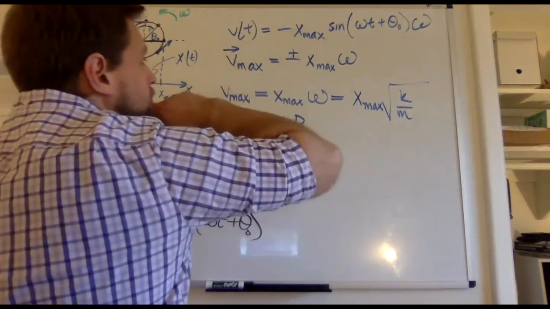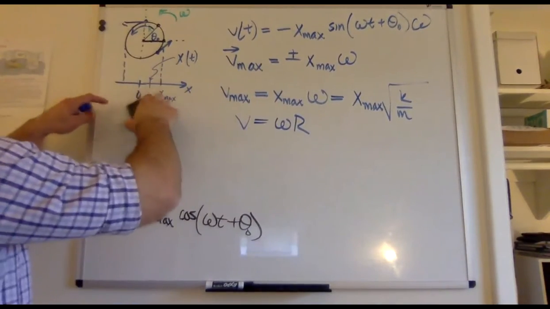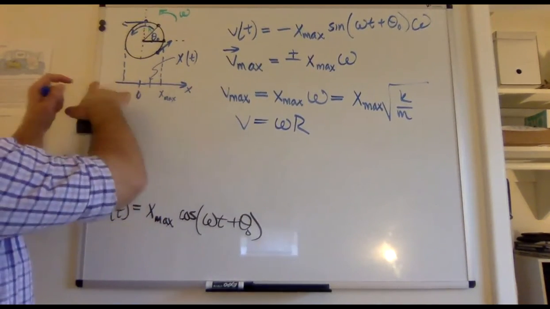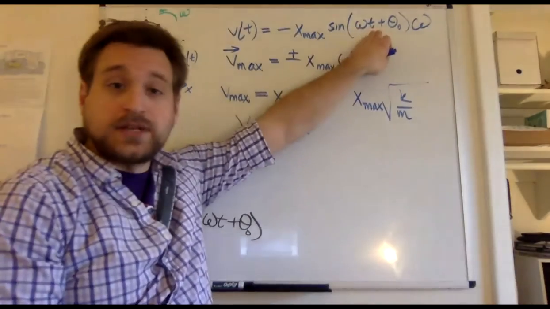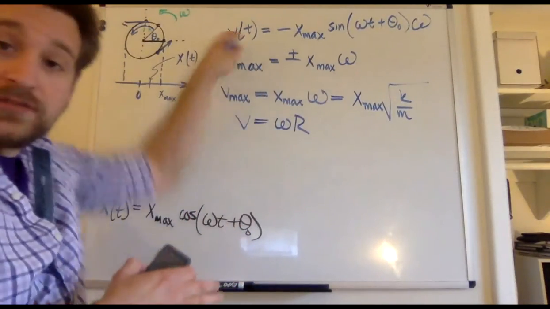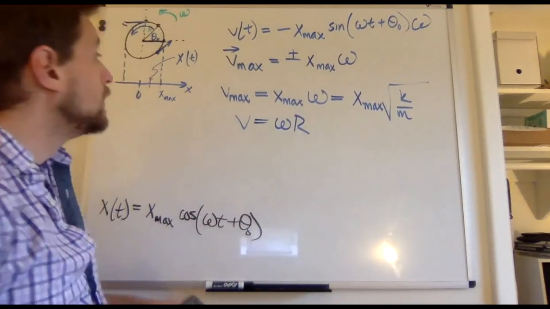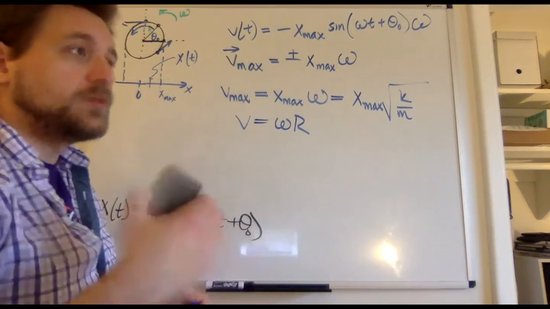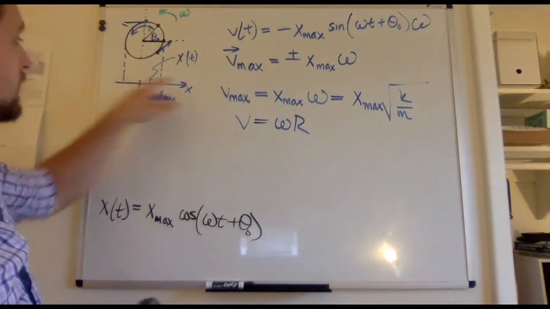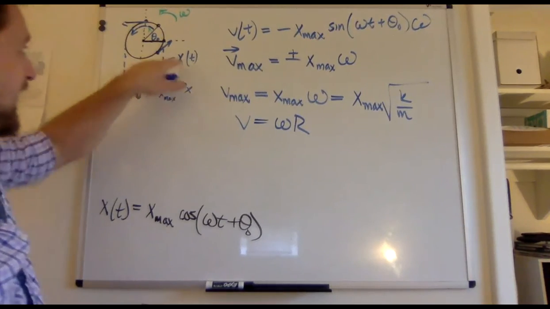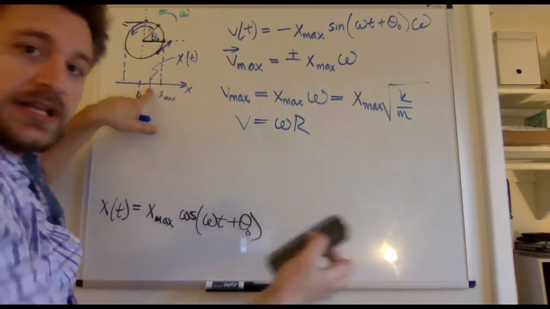Suppose now we've got a mass oscillating along the x-axis, and if you tell me what time it is, I can tell you what the velocity is. But what if I don't want to have to know what time it is? What if all we want to be able to say is, all right, we are here at x. What's our velocity?